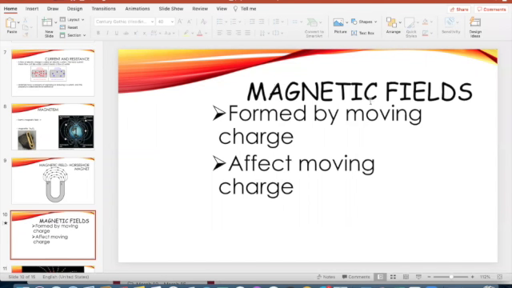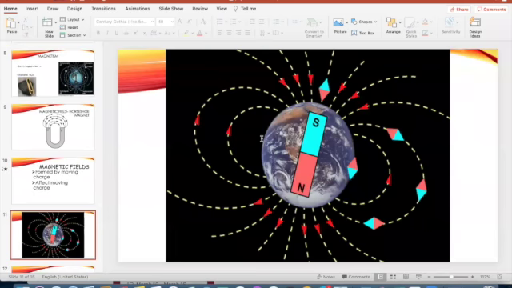Your magnetic fields are formed by moving charges, and they affect moving charges. Again, our geographic North Pole is the Earth's natural magnetic field's South Pole, which is negatively charged.